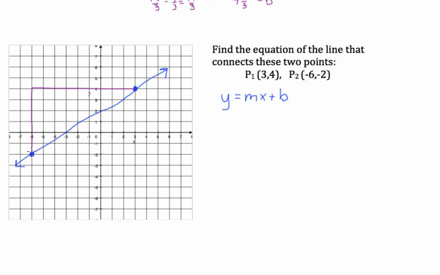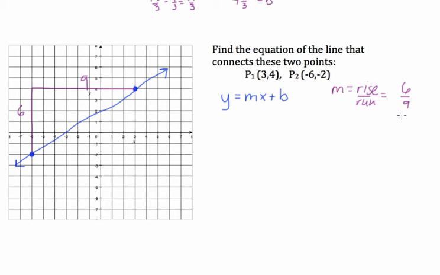Now count. 1, 2, 3, 4, 5, 6 squares for the rise. 1, 2, 3, 4, 5, 6, 7, 8, 9 squares for the run. So my m number is the rise divided by the run. In our case, the rise is 6, the run is 9.